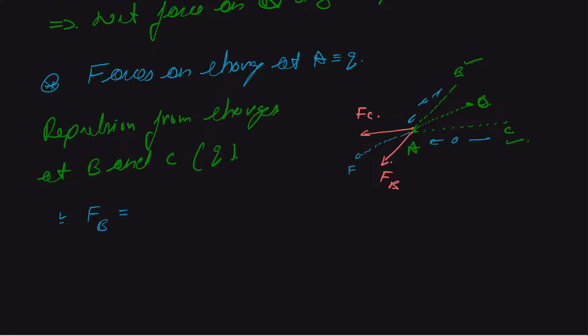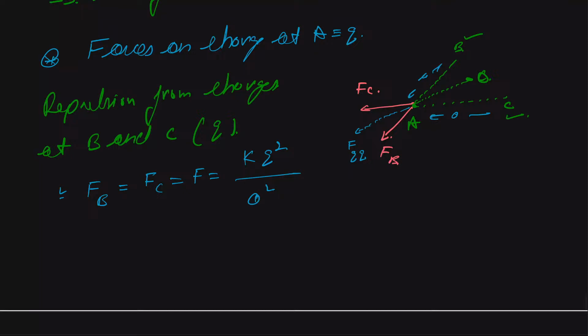So we can say FB is equal to FC is equal to, suppose, F, and that is equal to KQ square upon a square. Let us call this FQQ.